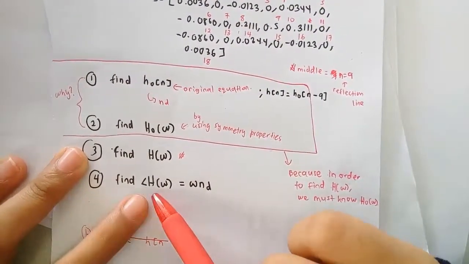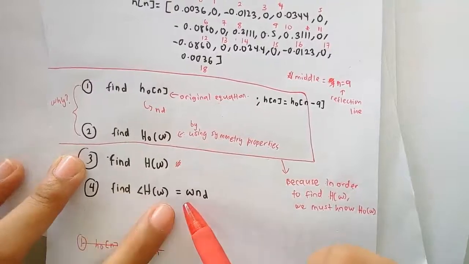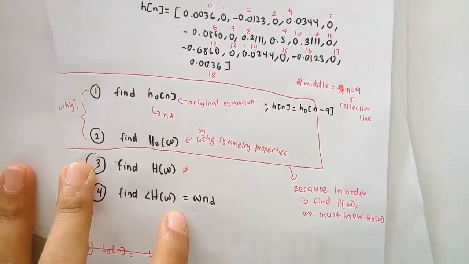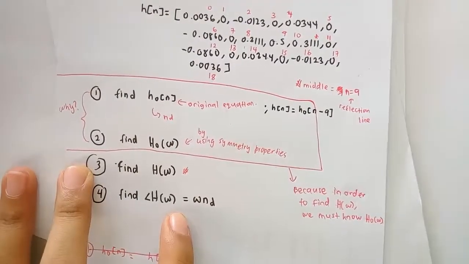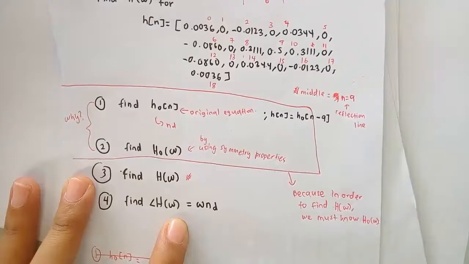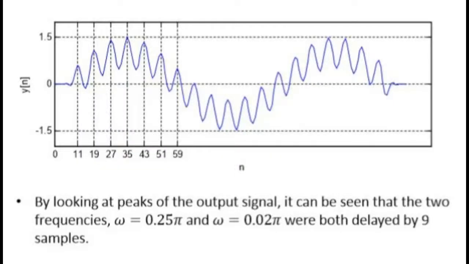Then find the phase of H omega to know whether it is a linear phase system or not. This is the output sketch of the question. That's all from us. Thank you.